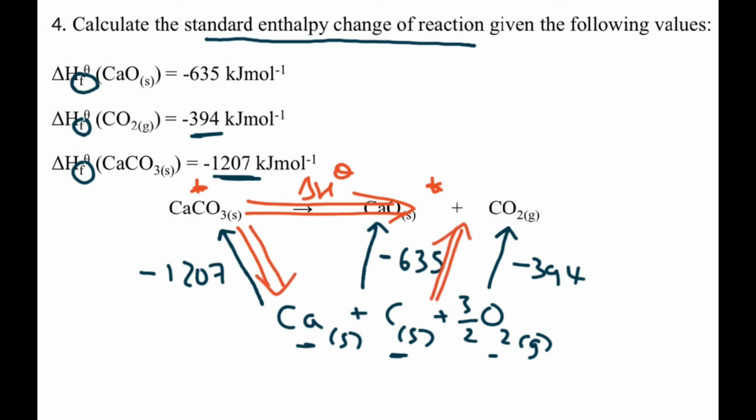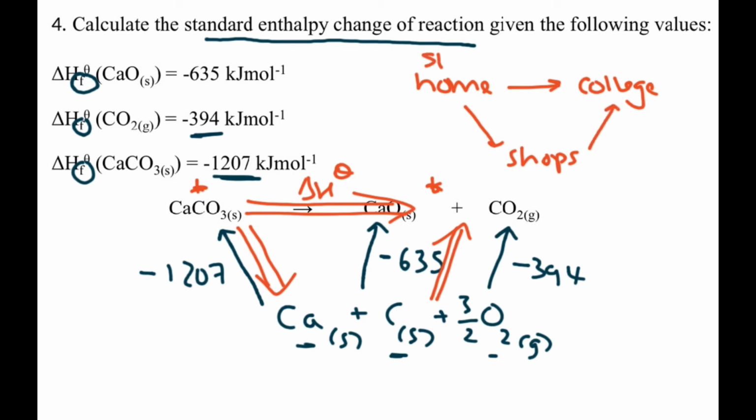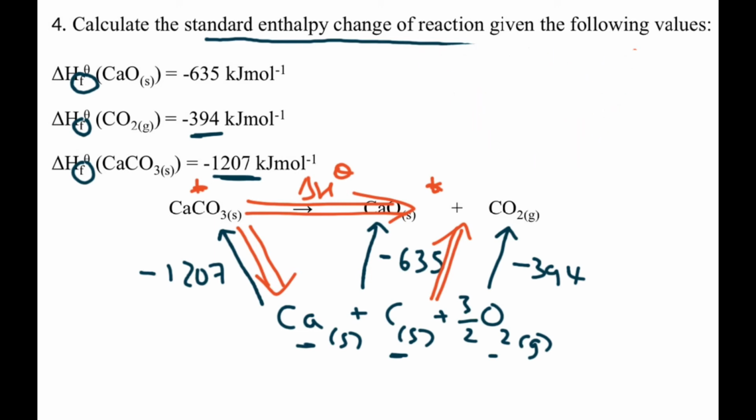It's a bit like the analogy we use: you're at home and you're going to college, but maybe you will go to the shops first before you go to college. So this is your start, this is your end, and that enthalpy change is the same as starting here and ending at the same point. Like I said, there's another video which explains this in more detail.